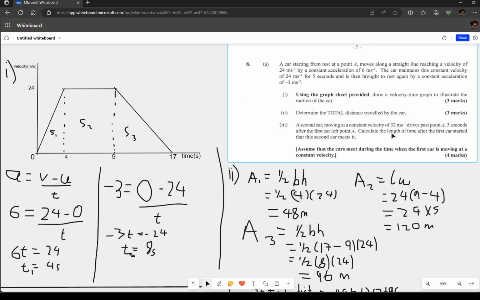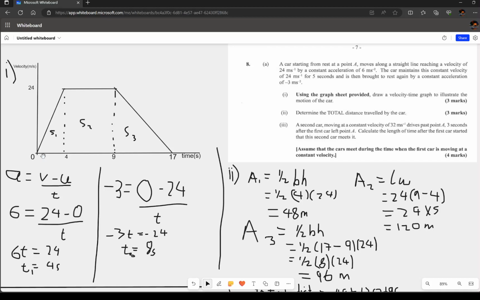So the length of time after the first car started is basically saying the time from 0 seconds. Because the first car started from rest at point A, and on our graph we used that as 0 seconds, because that's when we started recording measurements of time. So basically all that's saying is the time since 0 seconds. That's what they want.